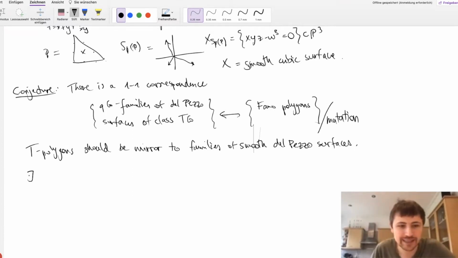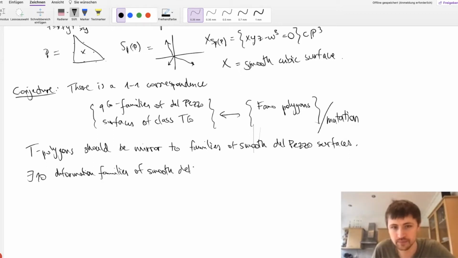So there exist 10 deformation families of smooth Del Pezzos. And so we would really also like there to be 10 equivalence classes of T-polygons up to mutations.